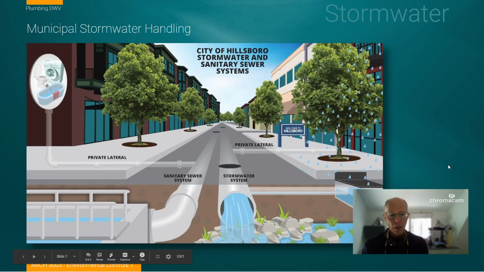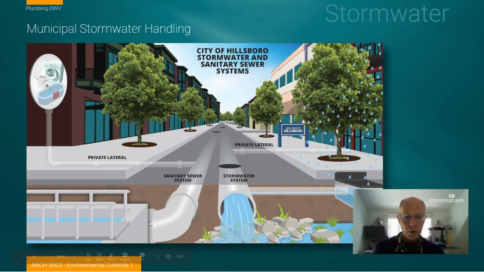So here we have a graphic of a combination or a visual of both systems. So we have the private sanitary sewer lateral coming into our sanitary sewer system. And we have our stormwater system, a separate system to collect all of the rainwater and other water that falls on the site into a system that's discharged many times into a natural ecosystem.